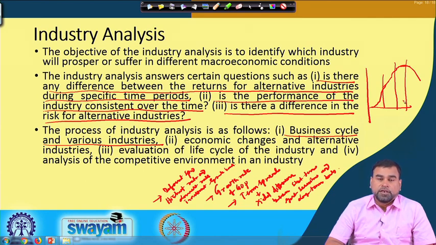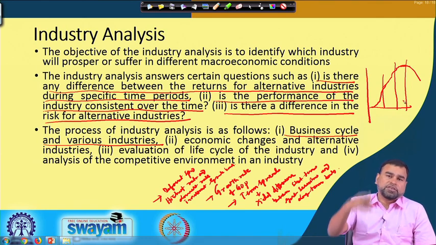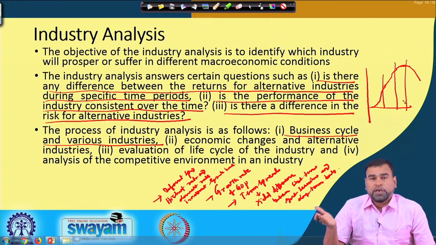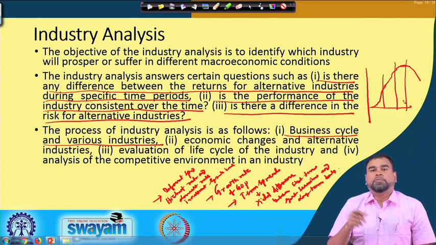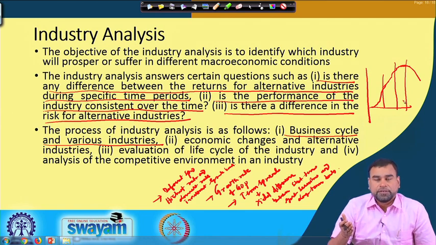If the particular industry is already in the mature stage, then the probability of growth of that industry will be less, because the growth has already taken place. Expecting more return from a stock in that industry is relatively less likely.